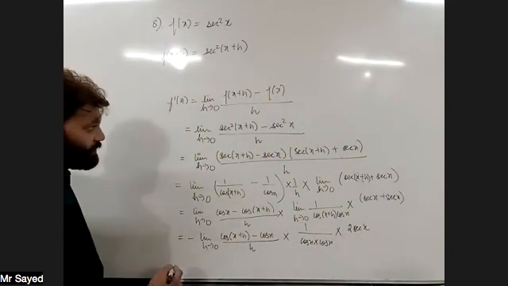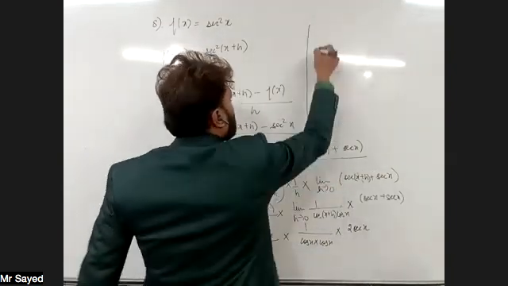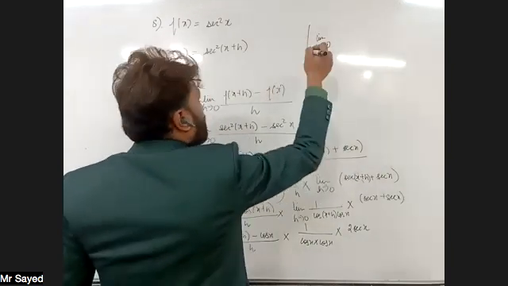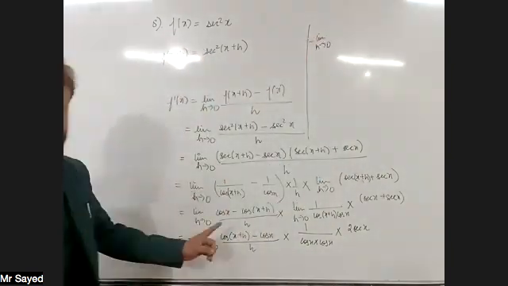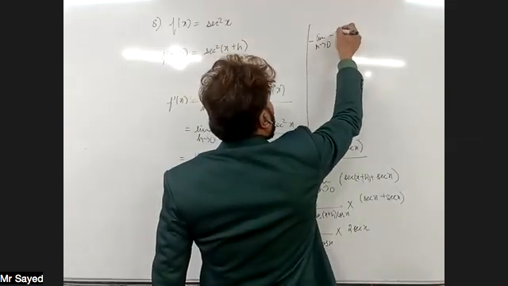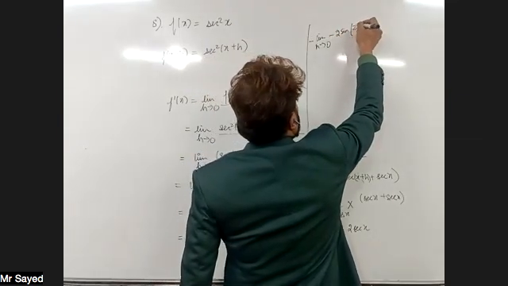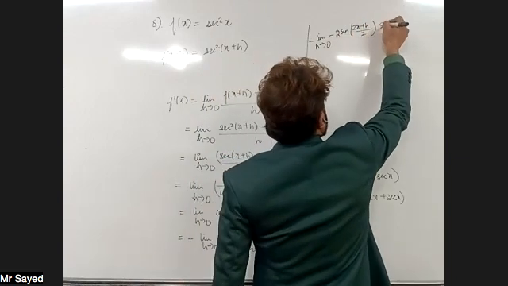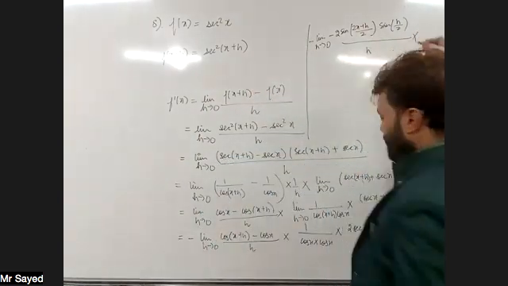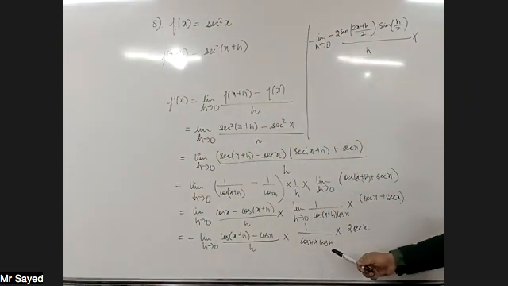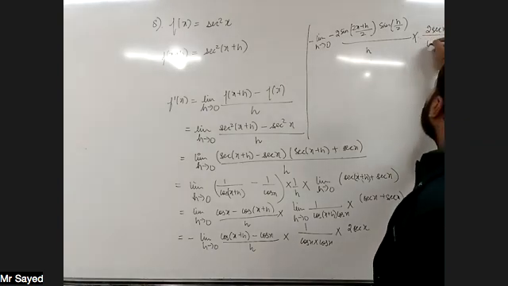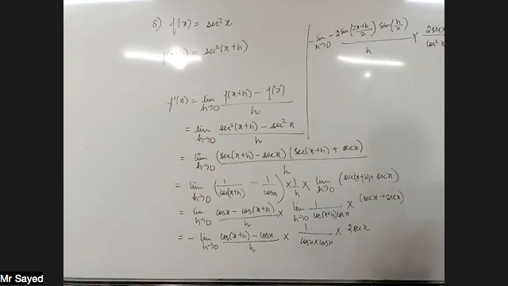Now cos c minus cos d. So this is limit h tends to 0 with a negative sign outside, cos c minus cos d, जो अभी आपने डेरिवेशन में किया था. This will be minus 2 sin 2x plus h upon 2 and sin h upon 2 and upon h into, यहाँ पर लिमिट पुट अप ऑलरेडी हमने कर दी थी, थोड़ा सा सिंप्लीफाई कर लेते हैं. तो this is 2 sec x upon cos square x.